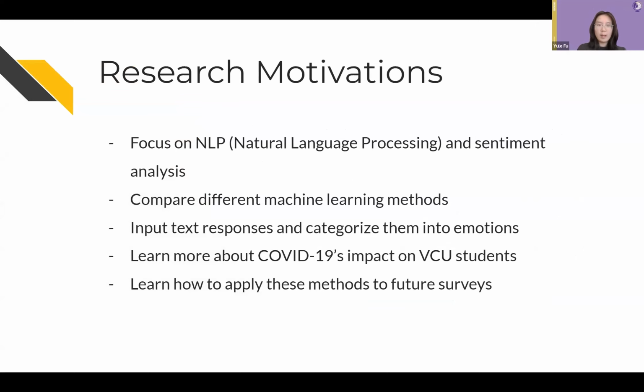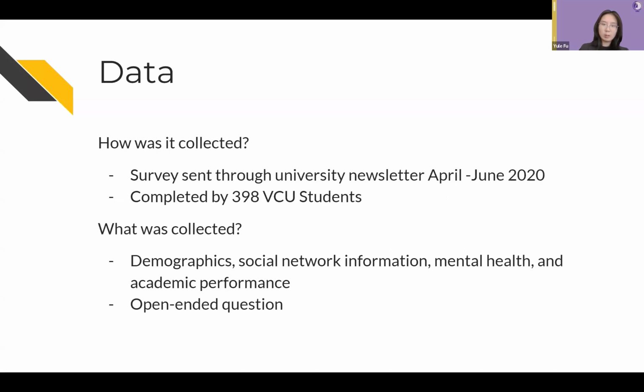We had a lot of text responses about how COVID impacted VCU students, and we wanted to see if we can parse out the emotions that were in these text responses and hopefully apply these methods for future surveys and sentiment texts.